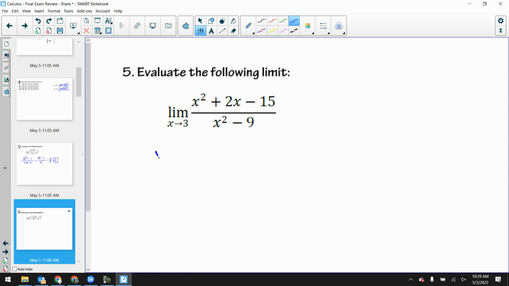So in this case, x squared plus 2x minus 15. Sorry, I was thinking about the factored portion first: x plus 5, x minus 3, right? Factors of negative 15 that get to positive 2: positive 5, negative 3.